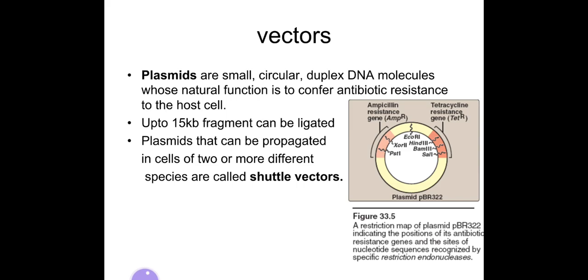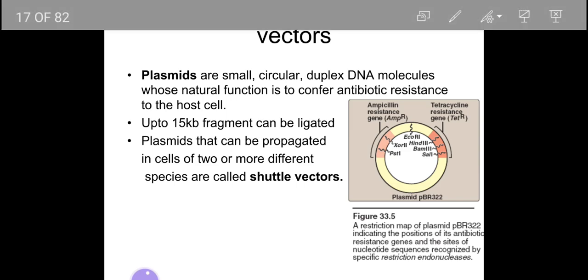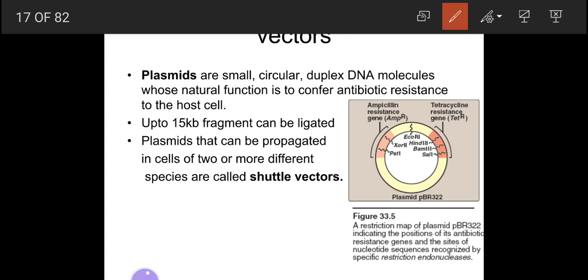We can also prepare these plasmids in our lab. For example, pBR322 is a plasmid which is prepared artificially with our required properties in the lab.